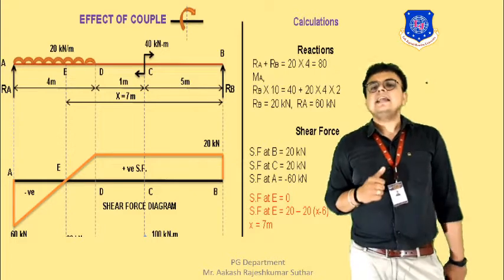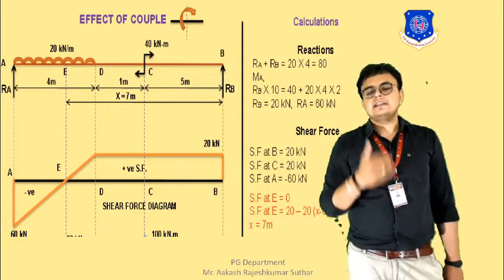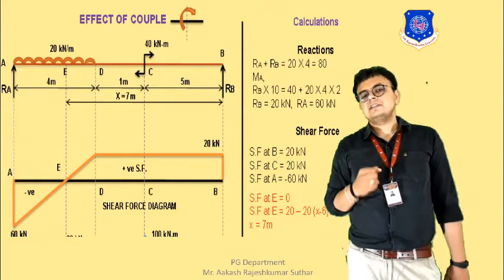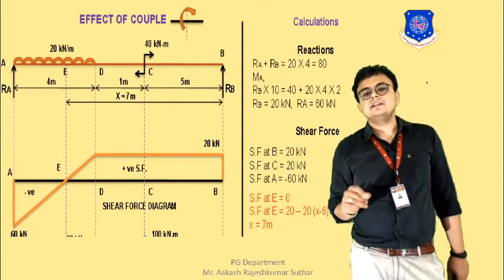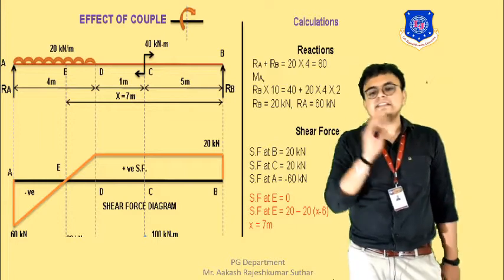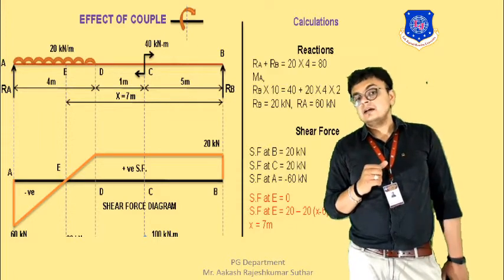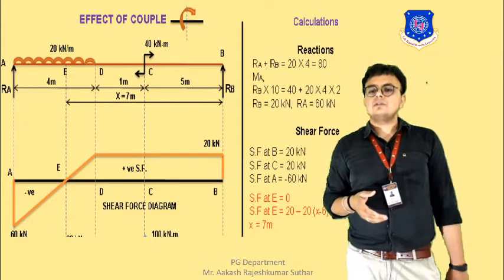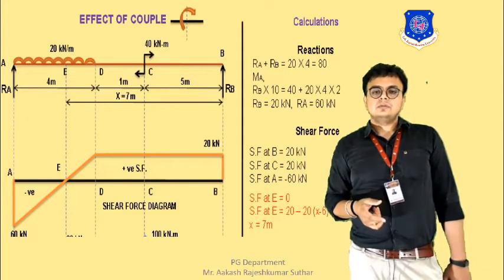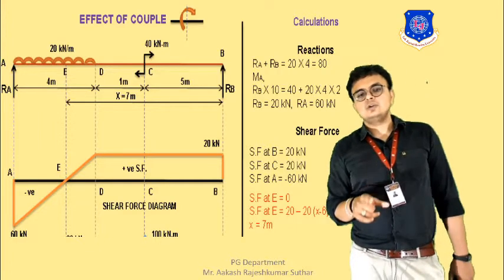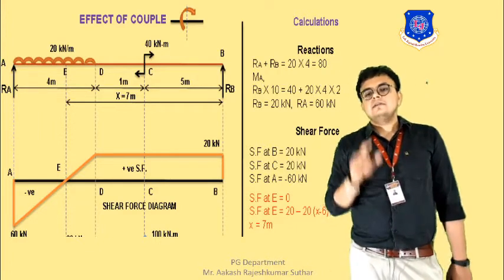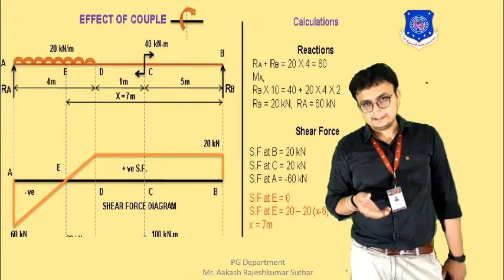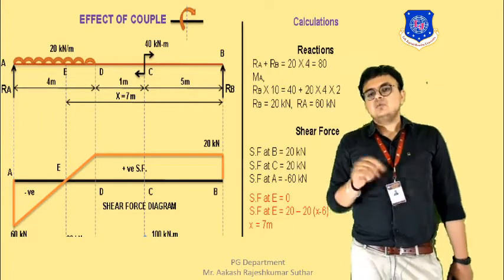Taking the moment at A, the formula will be such that RB into 10, the distance from B to A is 10 meter, and it is in the anti-clockwise direction. All the other things are in the clockwise direction. So RB into 10 will be equated to the 40, that is in the clockwise direction with respect to point A, plus 20 into 4 into 2.